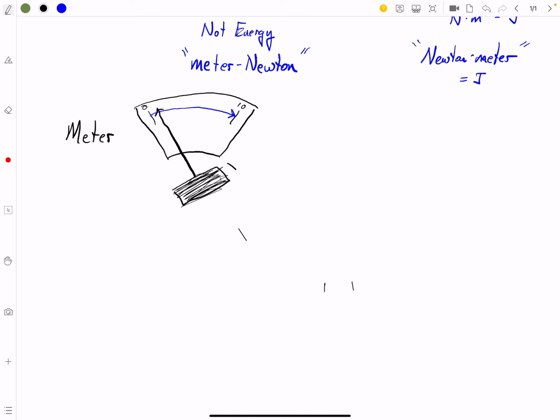And let's say we've got in here, we've got a magnet. And here's the South Pole, and here's the North Pole. And it's an equivalent B field all the way across.